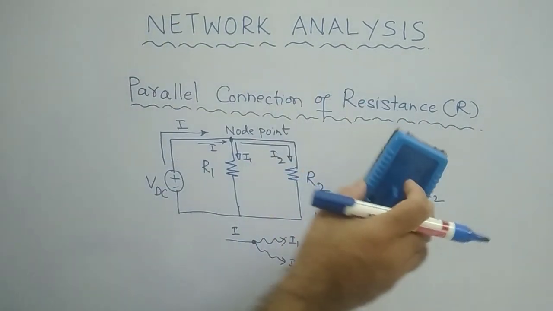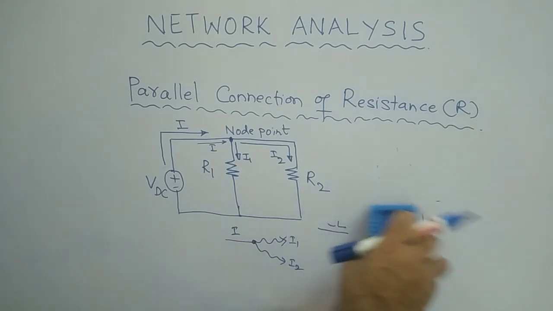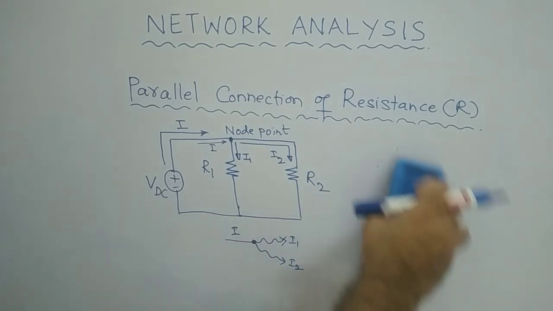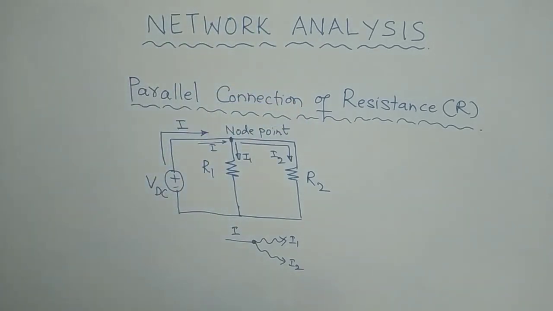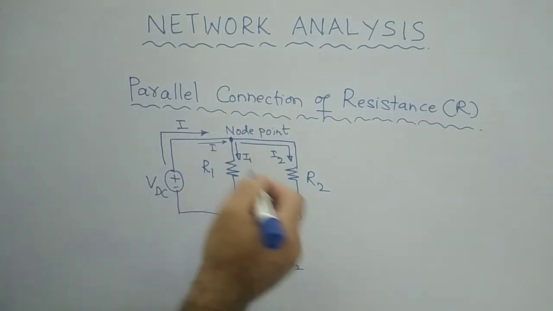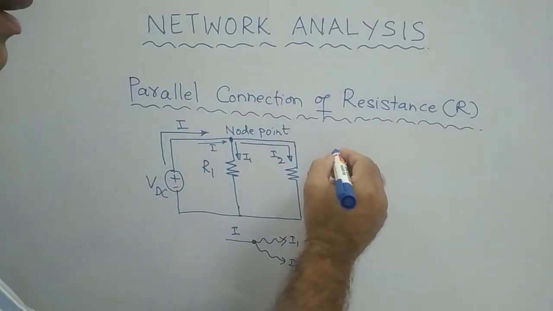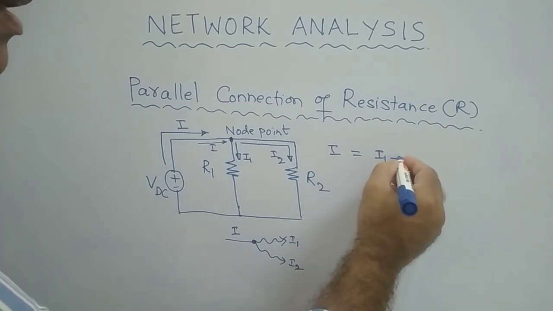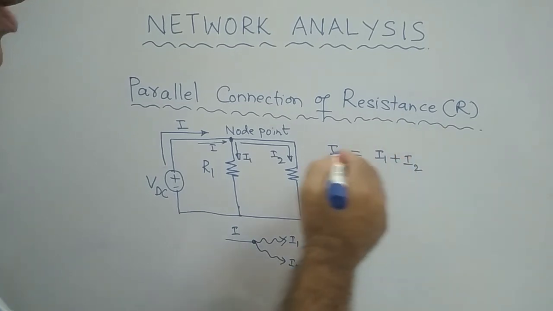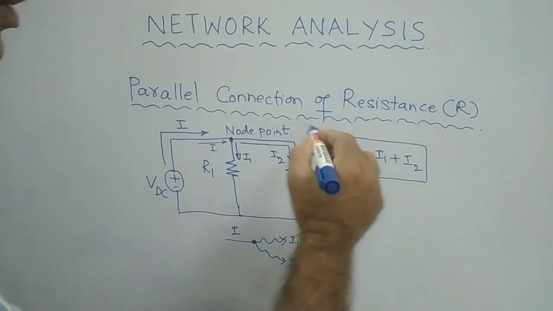That is Kirchhoff's current law, one of the very, very important laws, widely used in analyzing electrical circuits. Therefore, according to Kirchhoff's current law, I is equal to I1 plus I2. That is a very important relation we have to remember as far as this circuit is concerned.